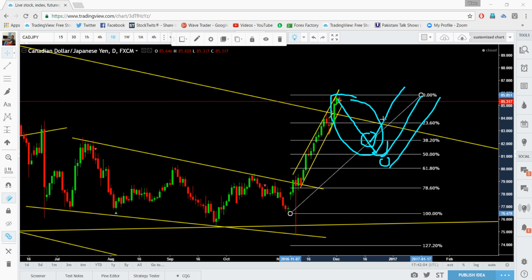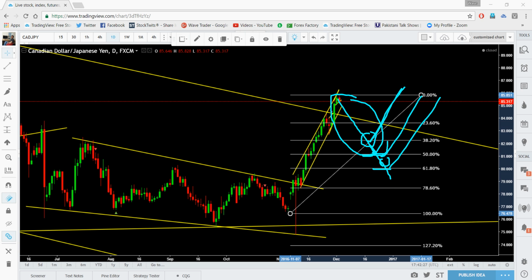But price does not continue. You place your stop loss here. Price violates the 38 level, then you buy on 50. But price does not stop on 50 and continues to the downside. You buy again on 618, then again price violates it. So that is the reason we don't use fibs.